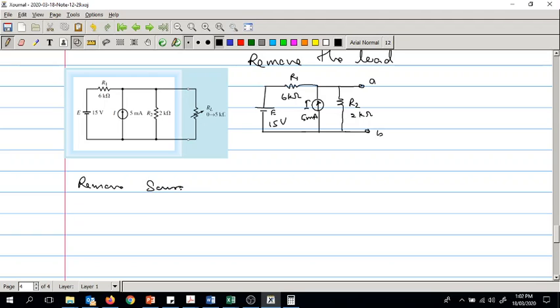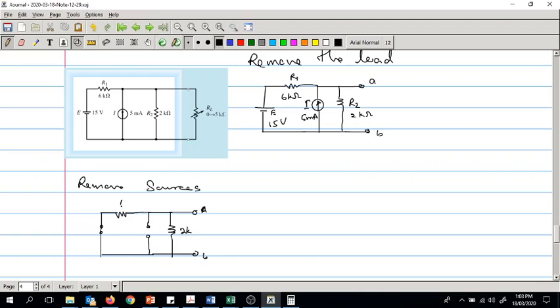Once you remove the sources, you get this resistance, and this becomes a short circuit because it's a voltage source, and this becomes an open circuit because it's a current source, and there is another resistor here, point A and point B.